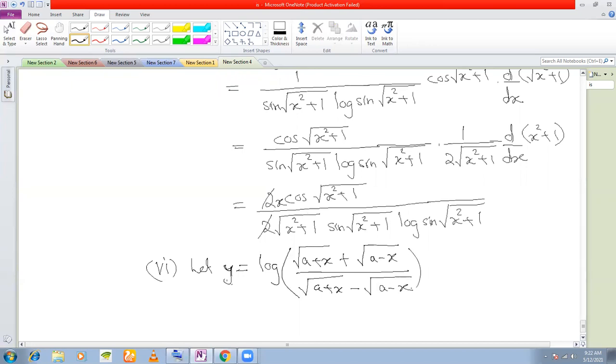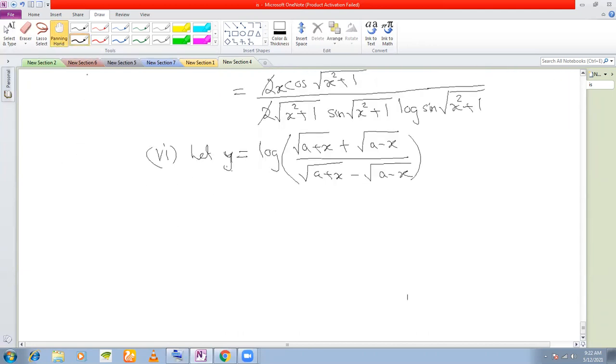Now here you can differentiate directly, but your work will be reduced a great deal if you can rationalize the denominator. So better to rationalize the denominator here.